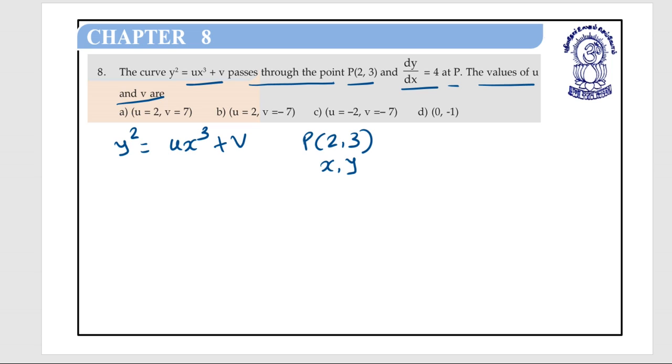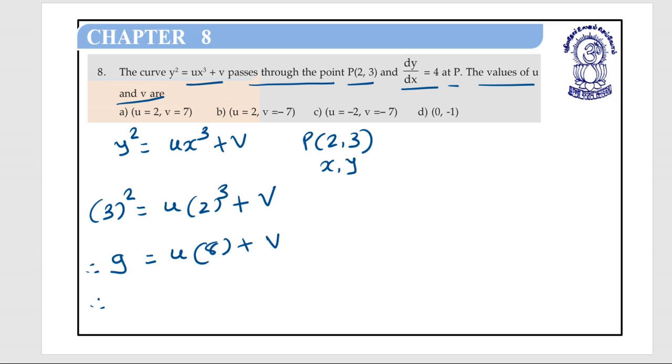Now here put the x and y value. Y square means 3 square, ux cube means 2 cube plus v. 3 square, 3 3s are 9, u 2 2s are 4, 2 4s are 8, plus v.